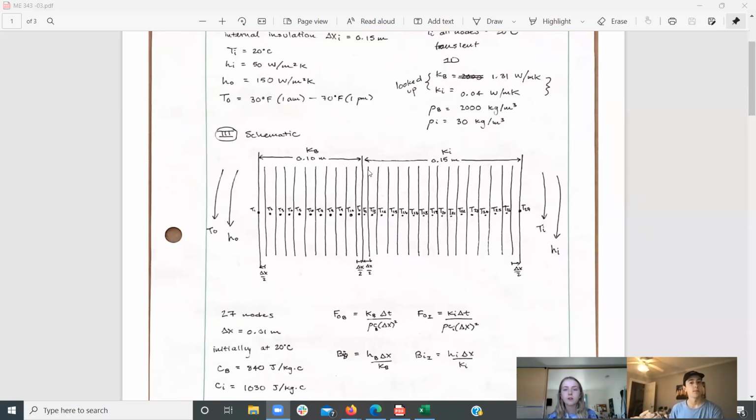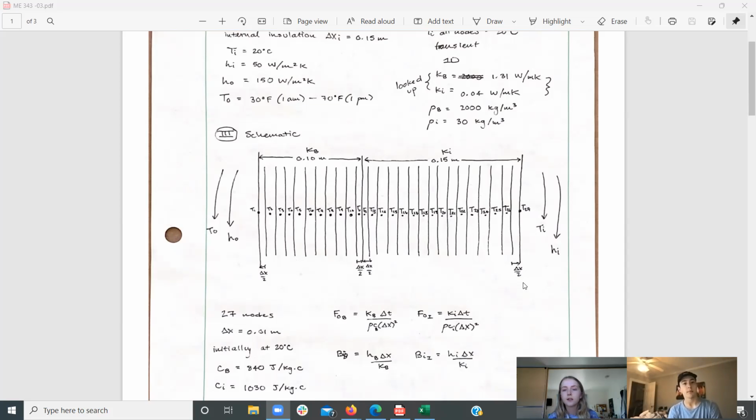Our schematic down here is a 25 centimeter thick plane wall with 10 centimeters of brick and 15 centimeters of insulation. We divided our wall into 27 nodes with a delta X of 0.01 meters.